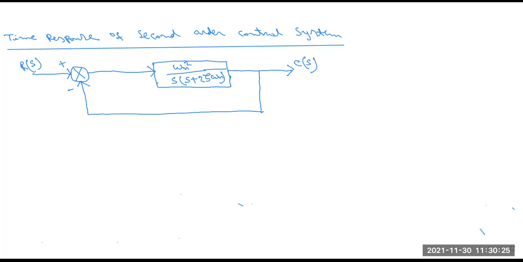Okay, so here omega n is the natural frequency of oscillations, and another one, zeta, is the damping.